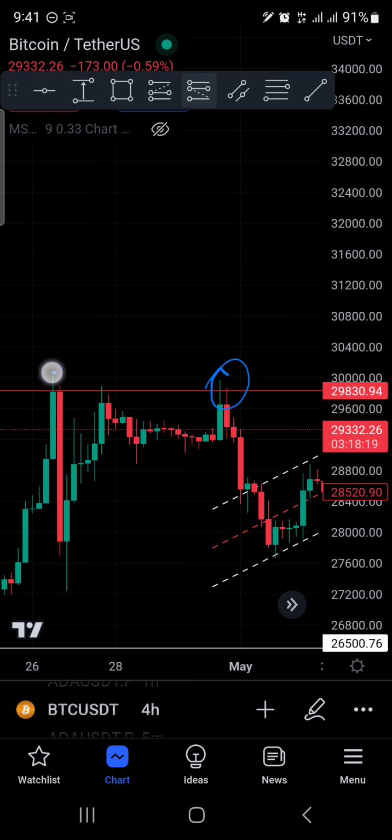Can you see that? This candle actually closed here. If it comes back to this level, there are two things you need to consider: either a breakout, or a bounce, where it bounces on this trend line and comes down.